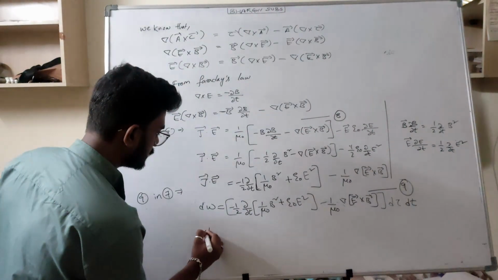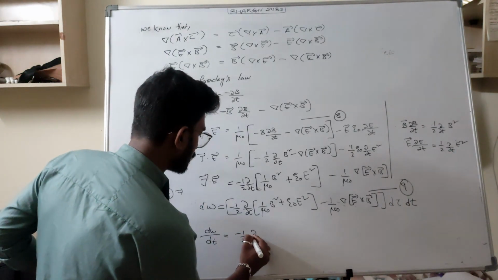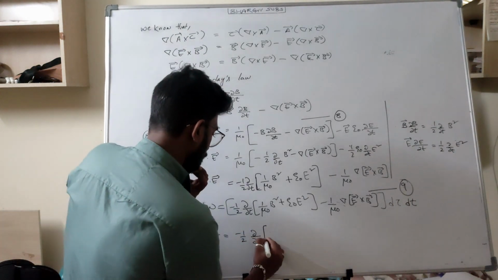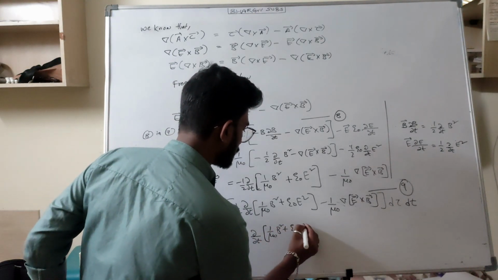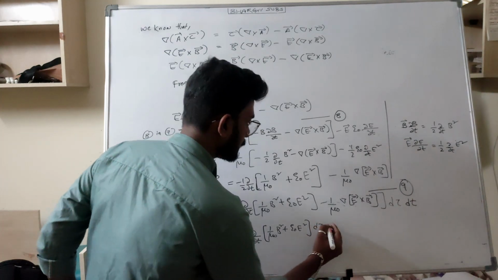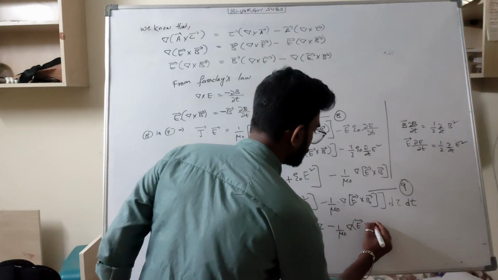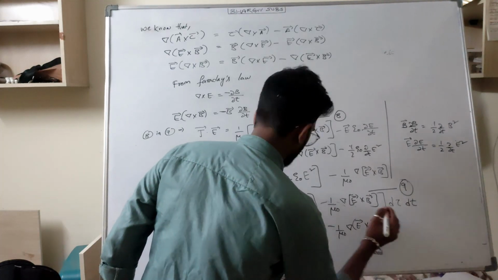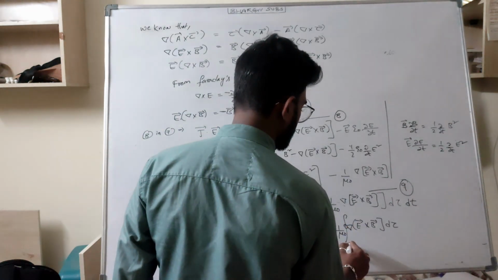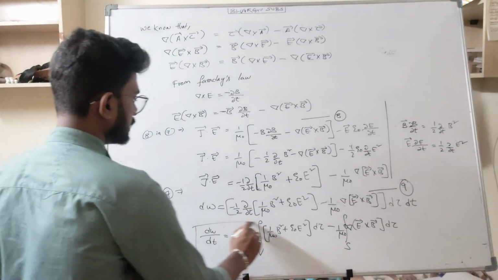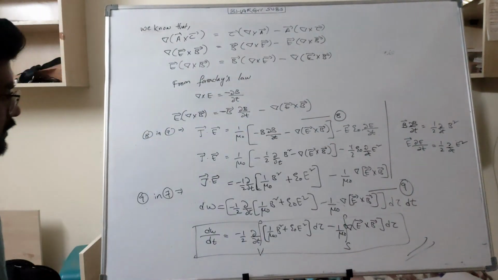After transferring, dW by dt is equal to minus 1 by 2 ∂/∂t of the integral of 1 by mu naught B square plus epsilon naught E square dτ, minus the integral of 1 by mu naught del of E bar cross B bar dτ. This was the volume integral, this was the surface integral. That's it. This was the Poynting theorem. Understood? This was the derivation.